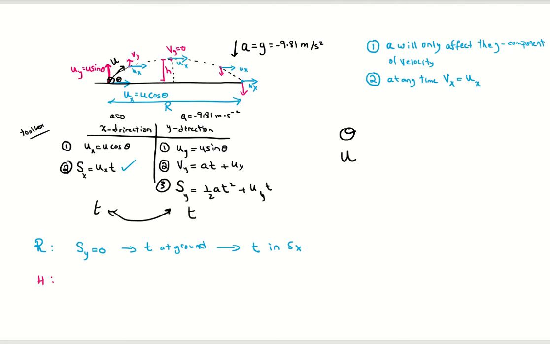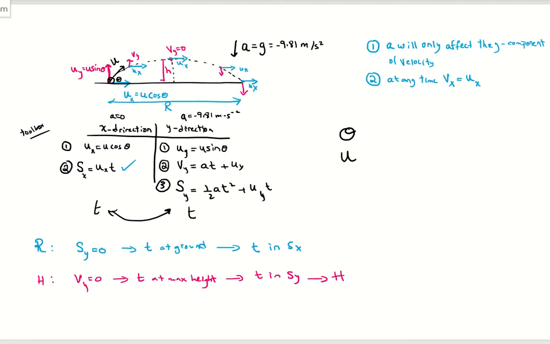Because we know that the y component of the velocity at the maximum position is equal to 0. So if you put Vy equal to 0 in equation 2, in the y direction, you will be able to find the time at the maximum height. And by finding the time at the maximum height, you will be able to put it in Sy and find h, okay?